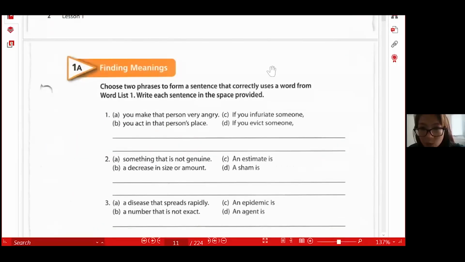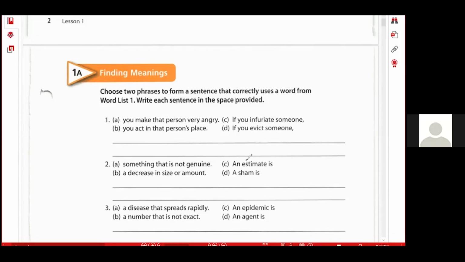Can you guess which 2 sentences will make a proper sentence here? Something that is not genuine, or a decrease in size or amount. An estimate is a decrease in size or amount? But an estimate has to be a guess. Is there any guess here?